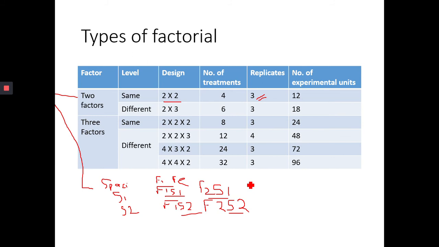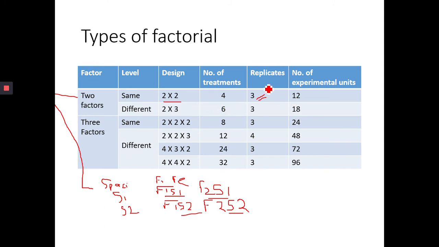If you are testing formulations, you mix some feeds and you want to give them to the fish. So if you have got 4 treatments, obviously for a single replicate, you would also require 4 fish, because one will get this, the other one will get that. But if we have 4 treatments, like in this case, and we replicate 3 times, the number of experimental units required will be 12.